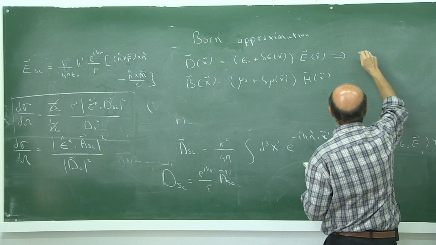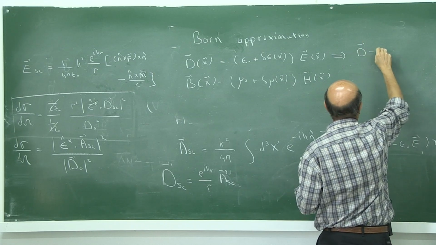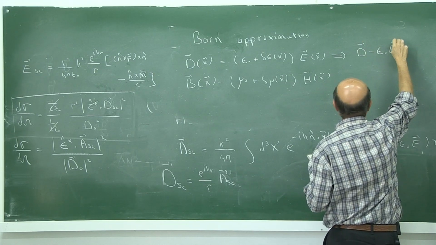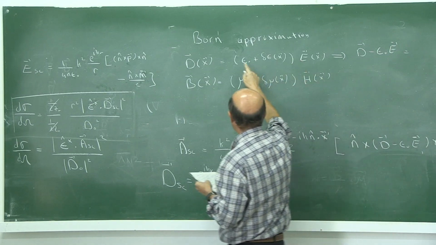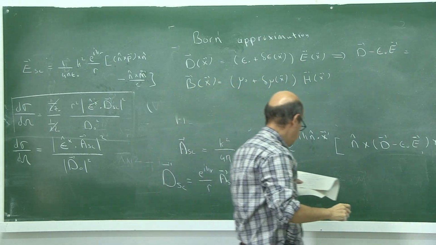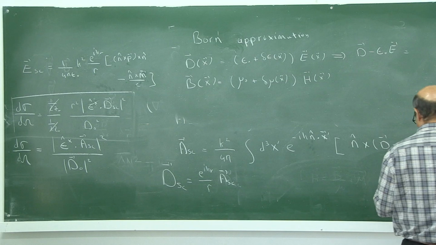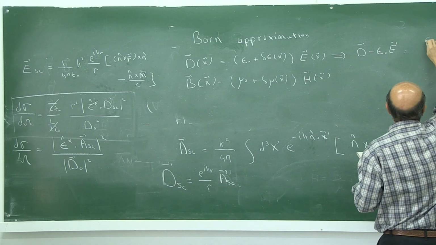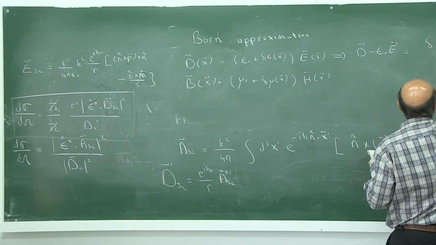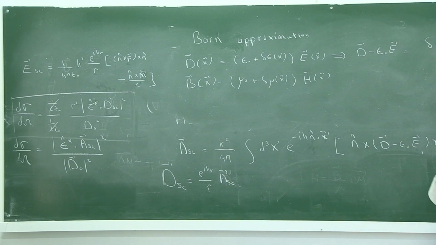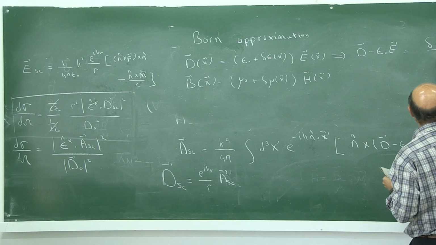That is equal to D minus epsilon 0 E. Take this to the other side. That will be equal to the variation in the dielectric constant times the electric field, multiplied by epsilon 0 divided by epsilon 0.